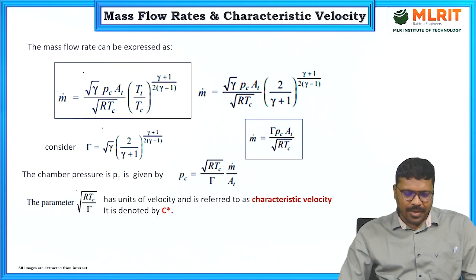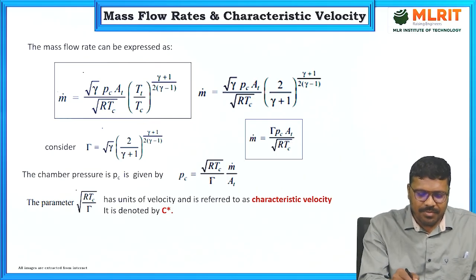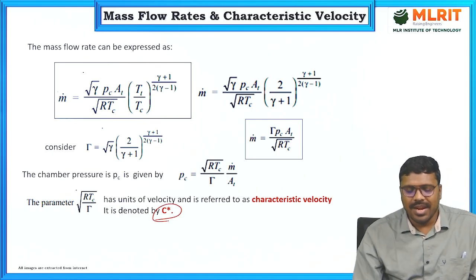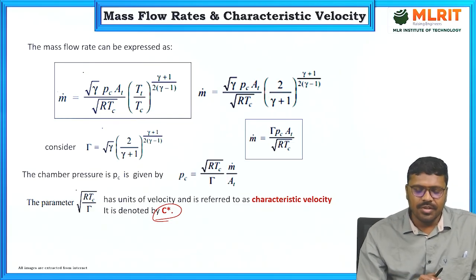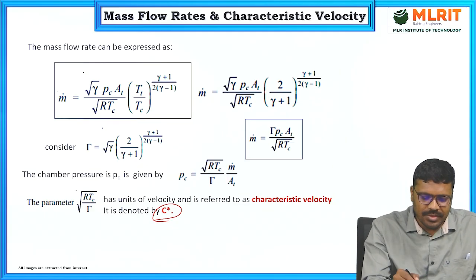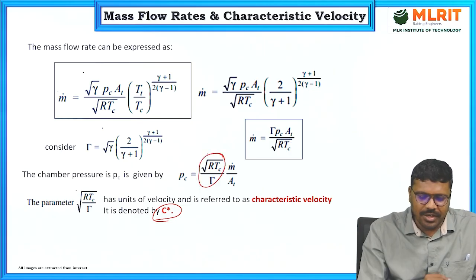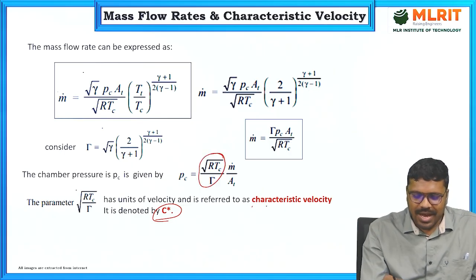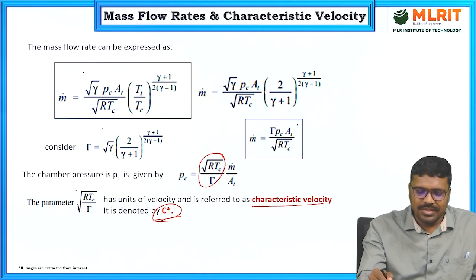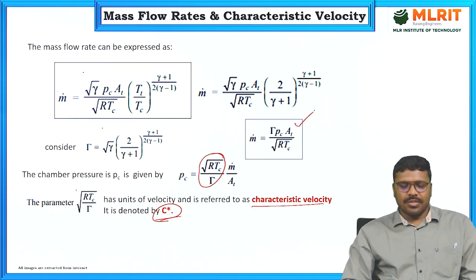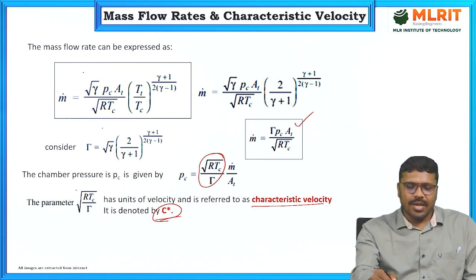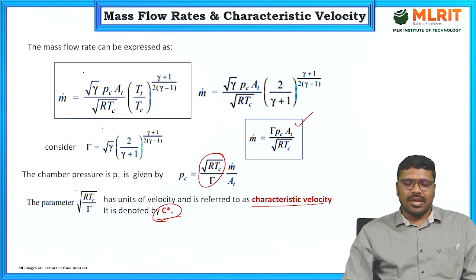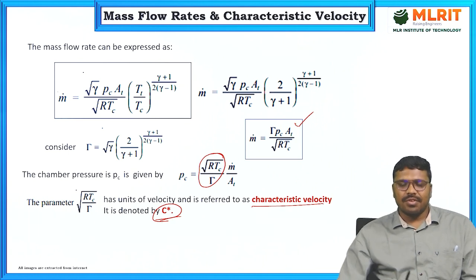So whatever the parameter under root RTC by tau can be written as C star, which is nothing but characteristic velocity of the gases, and the units are also equal to the velocity. So this term under root RTC by tau can be written as characteristic velocity, and this is the equation for mass flow rate. So this is about the topic mass flow rate and characteristic velocity of the gases which are leaving the nozzle.